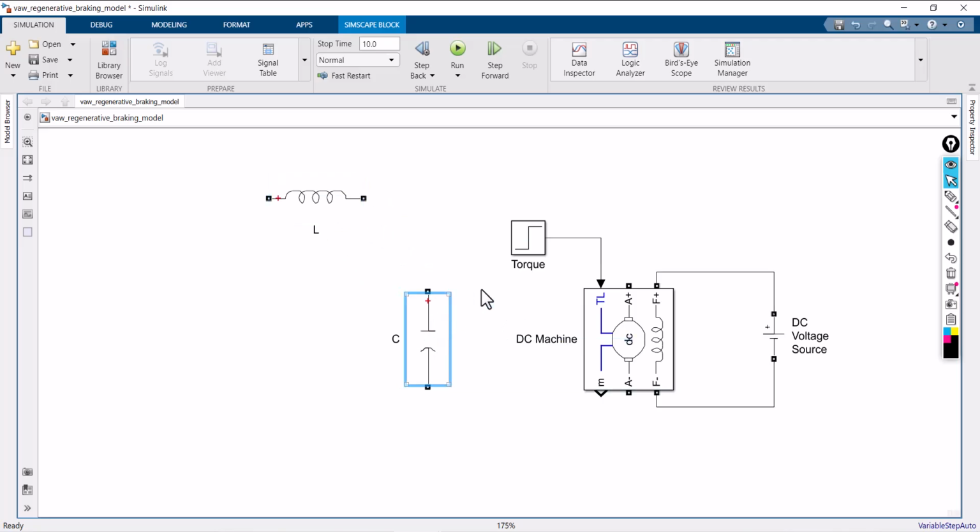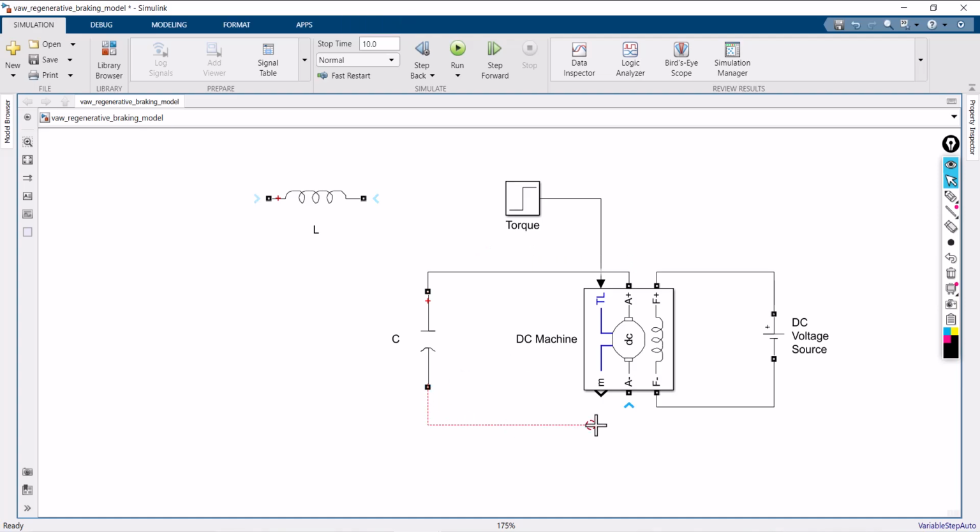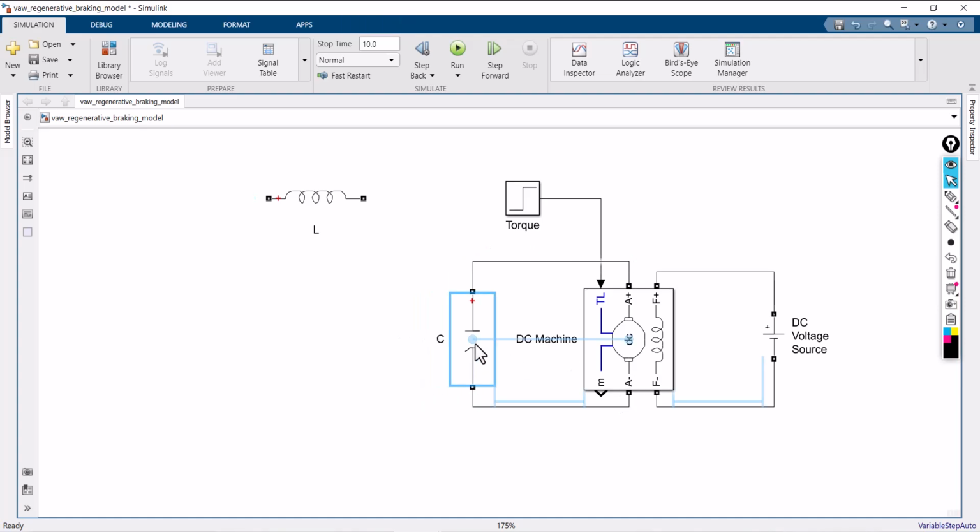So this capacitor is connected in parallel with the machine. So we're having an inductor, and I'm going to place 4 switches. Let me take a MOSFET.